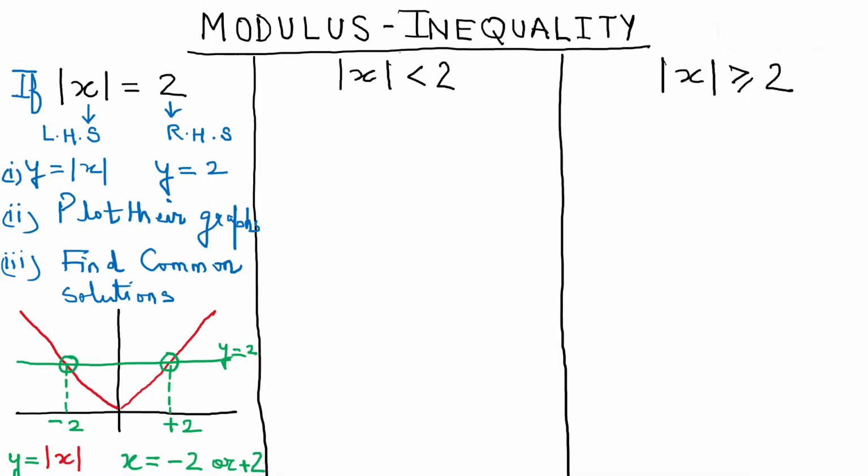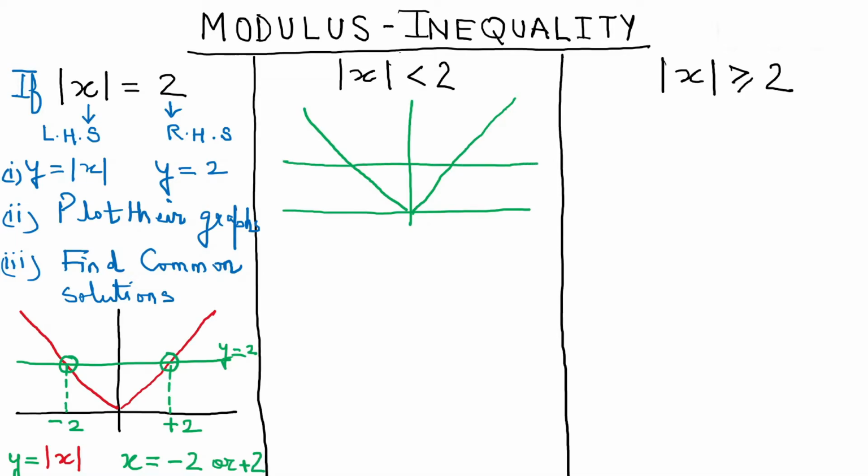So now what we will do here is we will target this with the help of a graph. We are supposed to make the graph of modulus x. The other graph that you are expected to make here is the graph of y is equal to 2. The third thing which you need to note here is that there is no equality in between; there is an inequality which says that modulus x is less than 2.